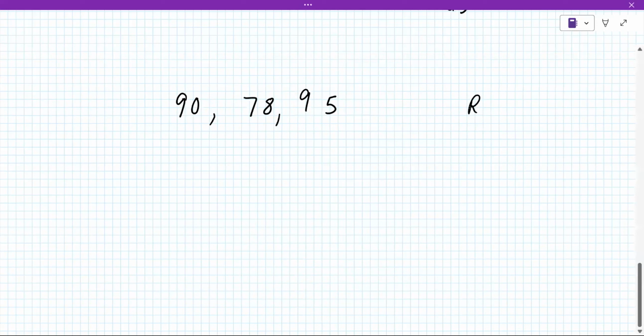And you can round to 1 decimal place. 87.7, good.